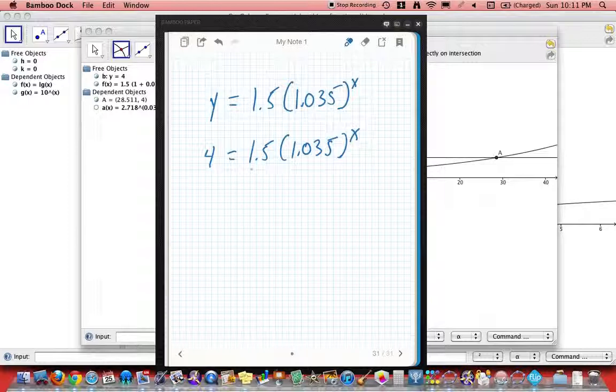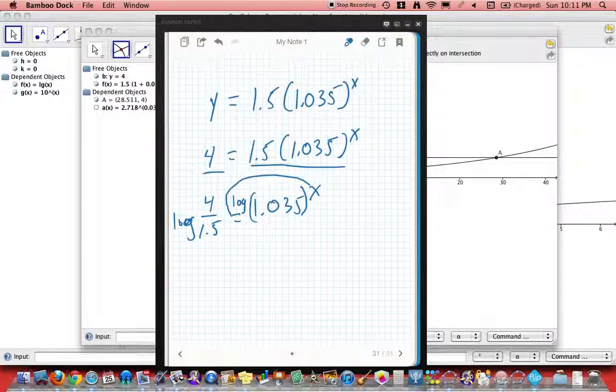If I divide both sides by 1.5, I get 4 over 1.5 equals 1.035 to the x. If I take the common log of both sides, I can use the rule about the exponent to bring it in front, and I get log of 4 over 1.5 equals x times the log of 1.035.